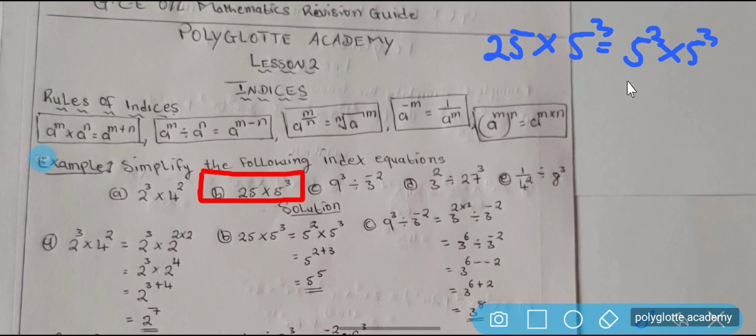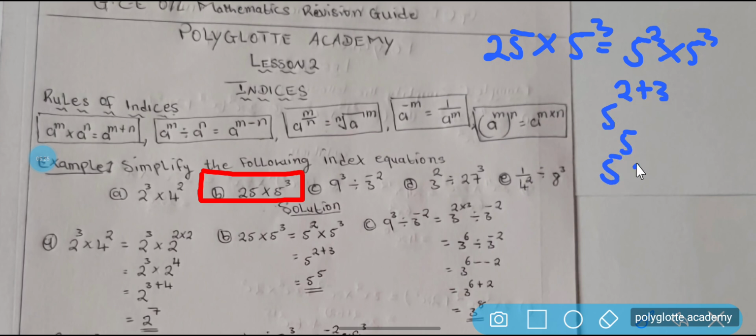Since the bases are the same, this one is very simple. We'll have 5 to the power 2 plus 3, which is equal to 5 to the power 5.